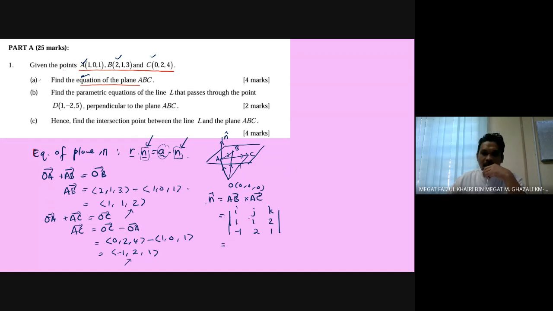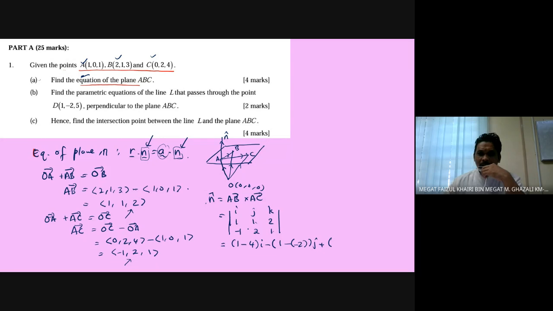To find the i component, we hide the elements of i, leaving j and k: 1, 2, 2, 1. 1 times 1 equals 1, minus 2 times 2 equals 4, so negative 3i. Minus, hide the element of j, then you get 1, negative 1, 2, 1. So 1 times 1 equals 1, minus 2 times negative 1, minus 2j, plus with k.